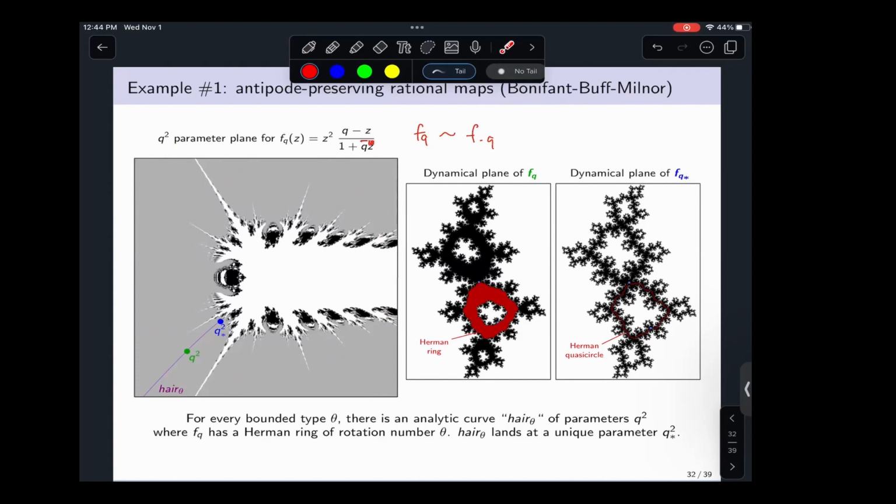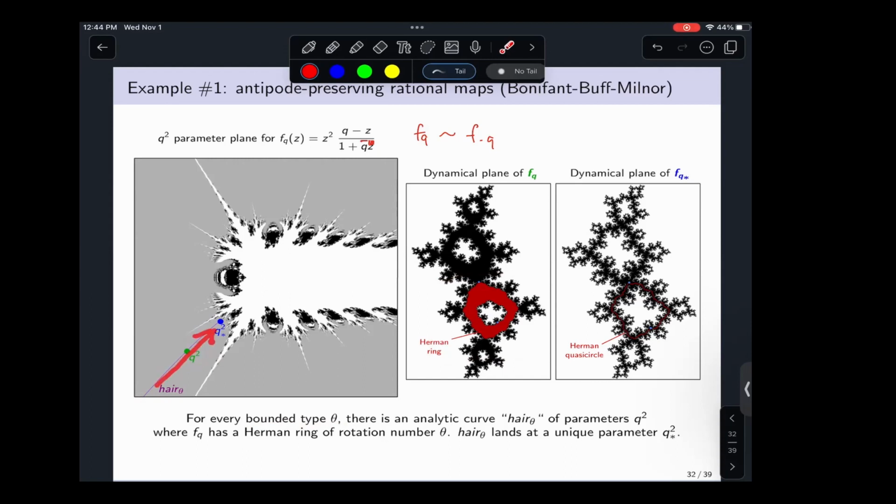And what that means is if I select an irrational number, say of Brjuno type, there exists an analytic curve of parameters on this hair. And every point along this hair corresponds to points, say the one in green over here. And in a dynamical picture, I actually get a Herman ring of the rotation number theta that I select.